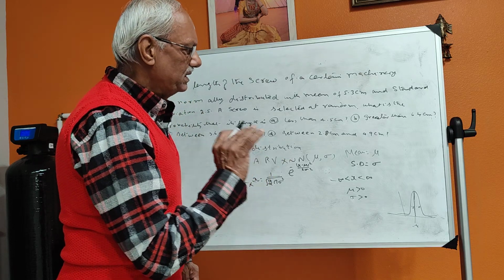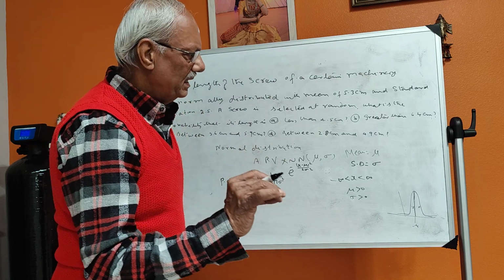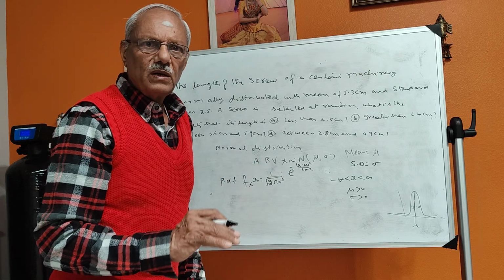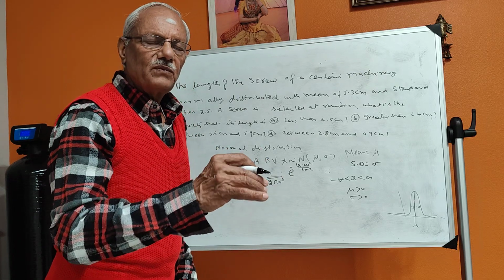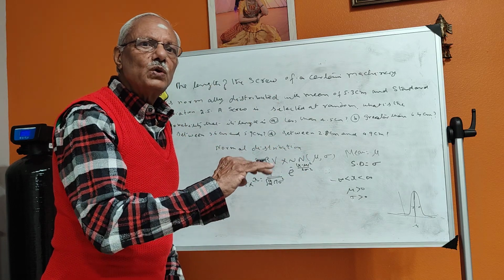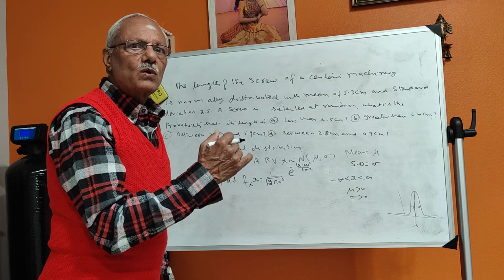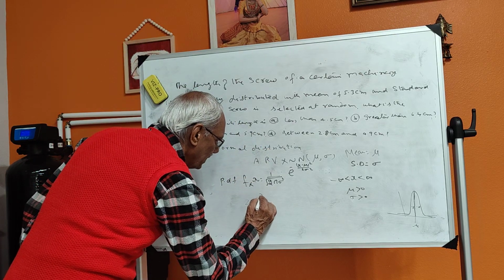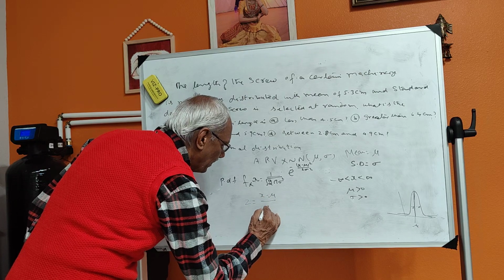Now understand that when a problem of a random variable which follows a normal distribution is given, we change it to another variable called the standard normal variable, which is given by z is equal to (x minus mu) by sigma.